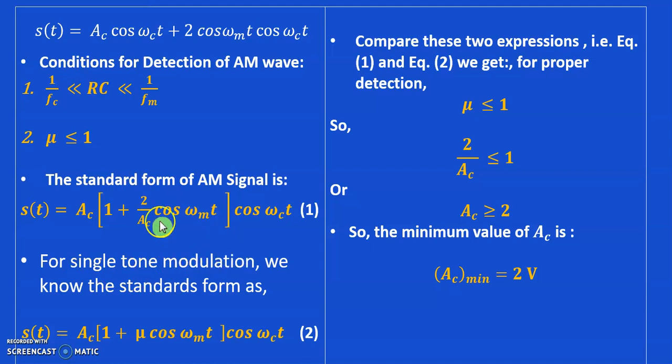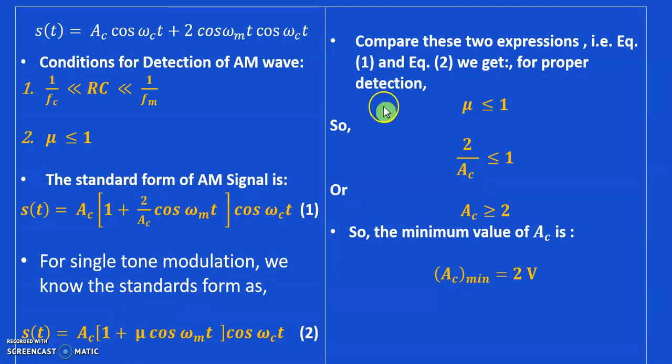This is for single tone modulation. We know the standard expression for AM for single tone: s of t is equal to Ac times 1 plus mu cosine omega m t, times cosine omega c t, where mu is the modulation index. If we compare equation 1 and equation 2, we find that 2 over Ac is the modulation index mu.